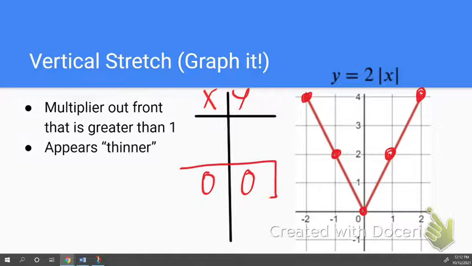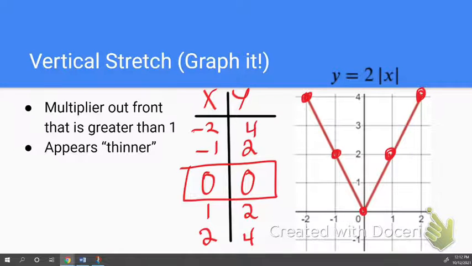That's our vertex. Notice this time we don't go to 1, we're going to 2, and then we're going to 4. Sometimes I think about a stretch as a multiplier of the parent graph. Basically, it took those y values and multiplied it by 2.